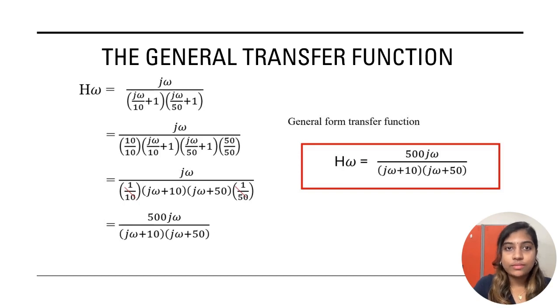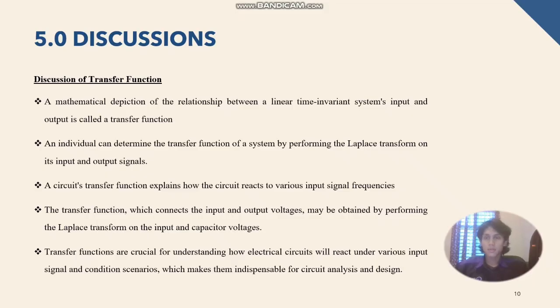Thank you. So now, I would like to discuss the transfer function. A mathematical description of the relationship between a linear time invariant system's input and output is called a transfer function. It is frequently employed to explain how electrical circuits behave. Next, Laplace transforms are commonly used to express a circuit's transfer function, a mathematical technique for analyzing dynamic systems in the time domain.